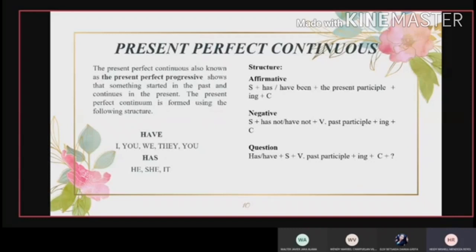Negative is subject plus has not, have not been plus verb plus ing plus complement. Question: has or have plus subject plus been plus verb plus ing plus complement plus question mark.